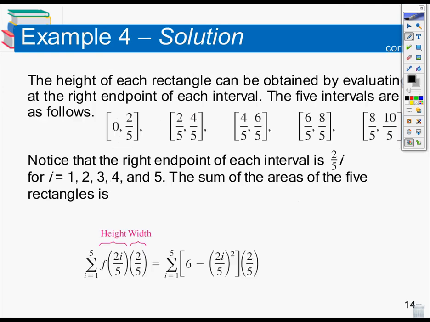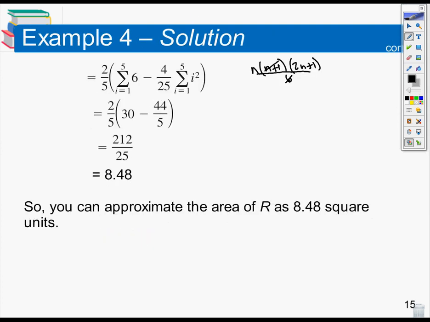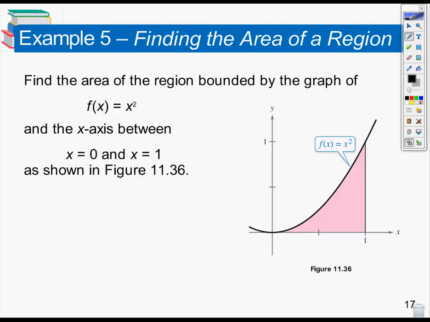So I don't want to just be looking at this and say I'm going to split it into 5 rectangles and that's it. I want to split it into an infinite amount of rectangles, so much so that I have such a negligible amount of red space here that my approximation is going to be super, super accurate. Okay, so let's look at the next one.